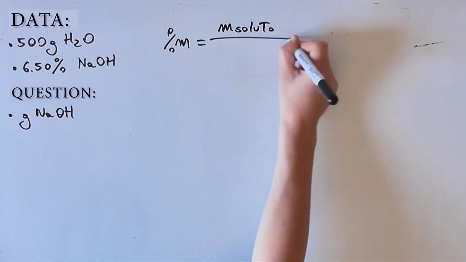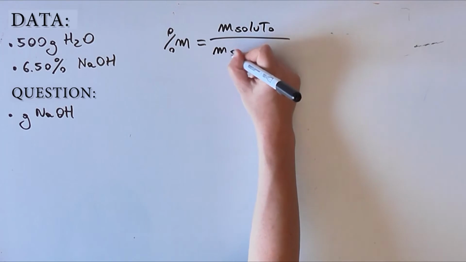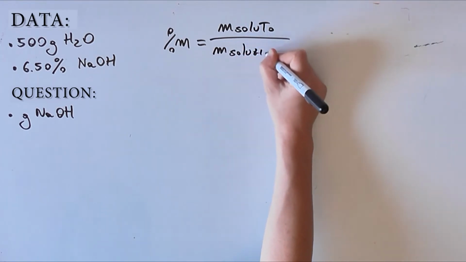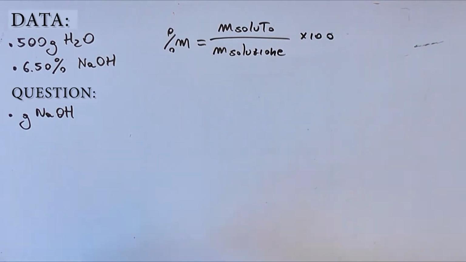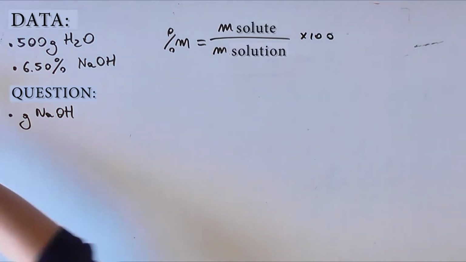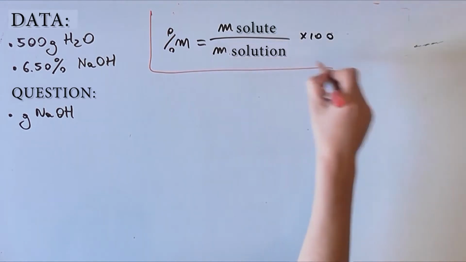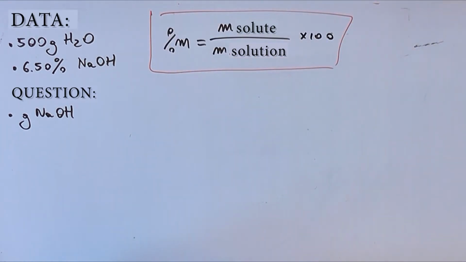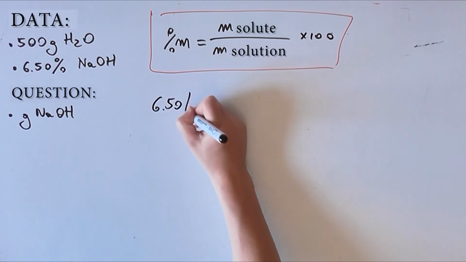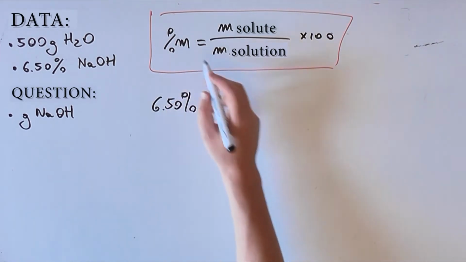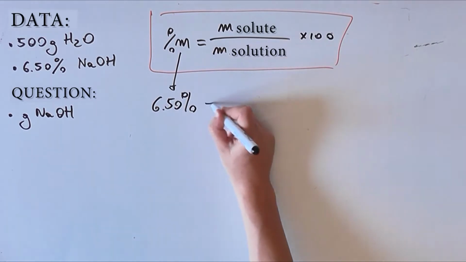It's useful to see what data we have and what we lack. So what do we have and what do we not have? We have 6.5%, which is the concentration. So let's write it. This is our concentration by mass.